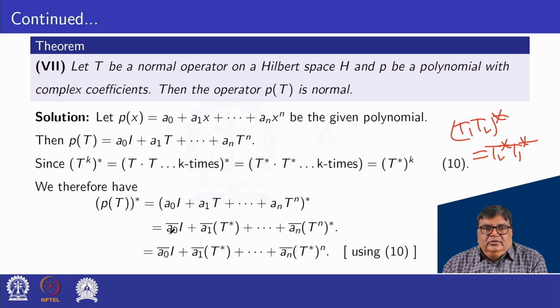So this can be written as a0 I, here star of a0 I is a0 bar I. So a0 bar I plus a1 bar T star plus and so on an bar T star n by this property, equation 10.